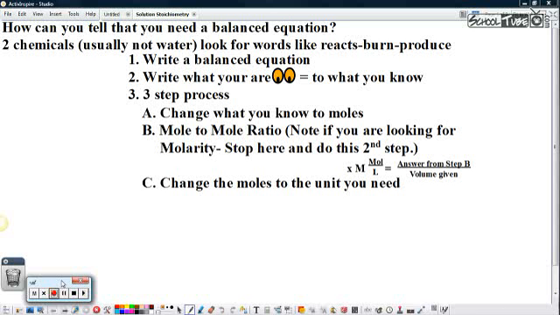Those words indicate you have a chemical reaction happening. If it has dissolved in it, you're making a solution and you are not then having a reaction. Dissolving is a physical process where react, burn, produce, combust are chemical processes.